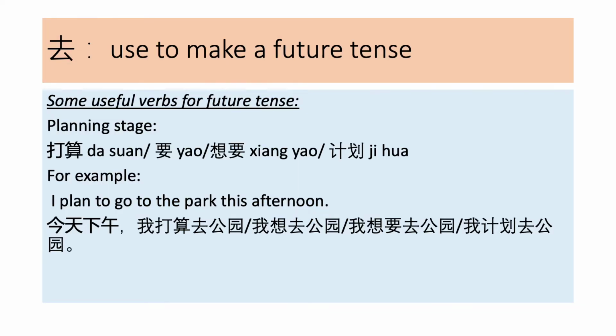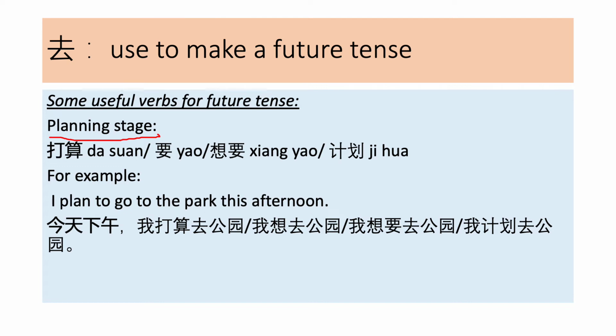Now we're going to talk about how to use 去 to make a future tense. I'm going to teach you some useful verbs for future tense. For me, I will divide those verbs into two groups. One is planning stage. What does planning stage mean? Means you're not certain. It's just an idea or plan in your mind.